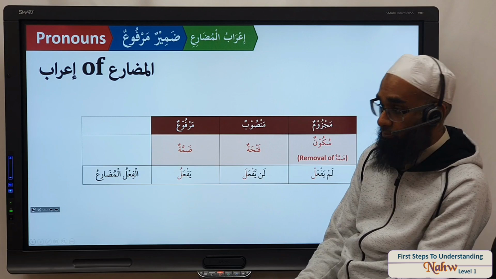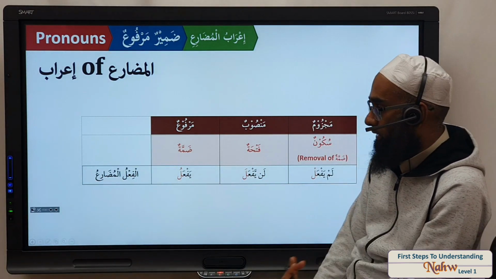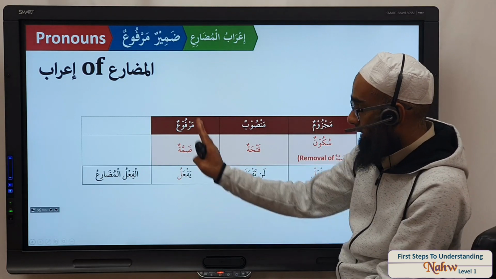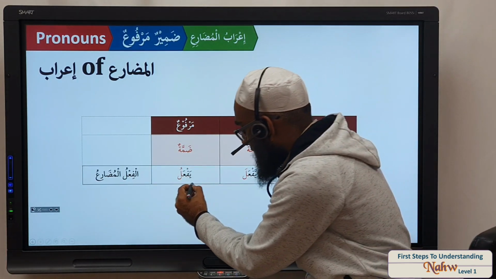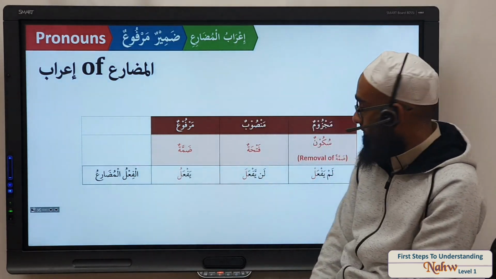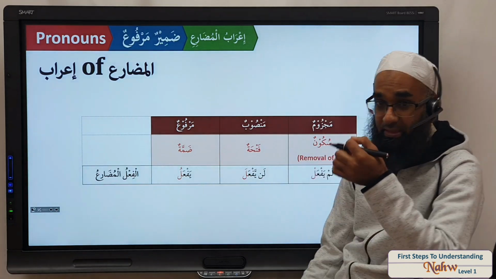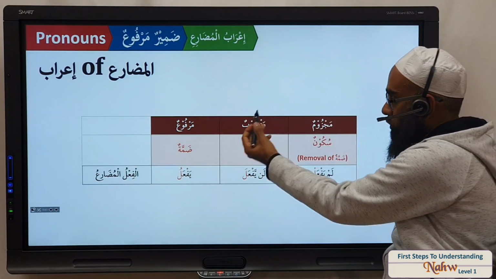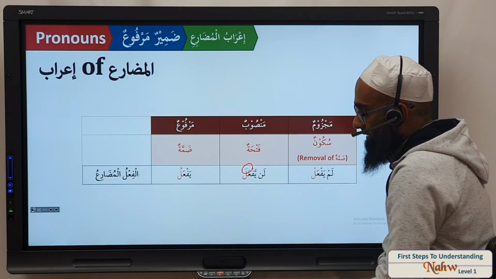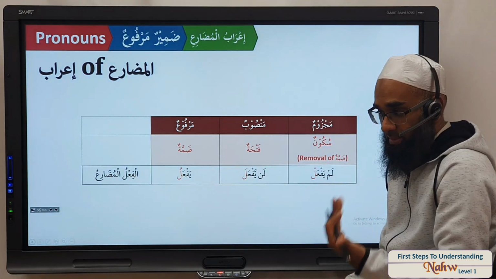If you go back to beginning, we said the simple structure of the i'rab of the فعل المضارع is this. When it's marfu, it has a dhamma, yaf'alu. So there's a dhamma at the end. The dhamma is the sign of the i'rab, the alamatul i'rab. Then when it's mansub, it has a fatha, lan yaf'ala, and lan is an amil, a governing particle. It makes it mansub.